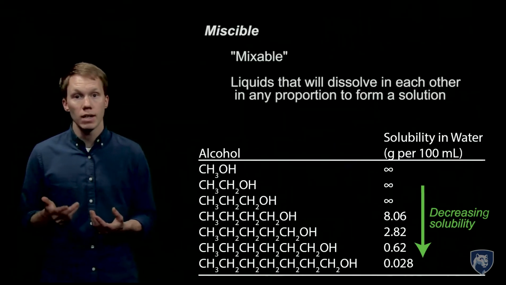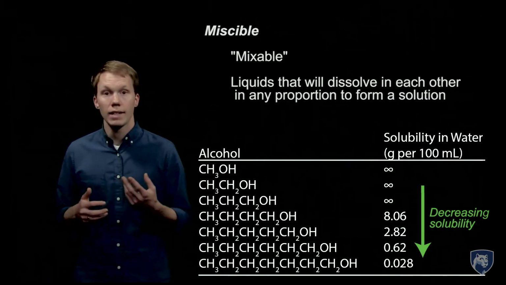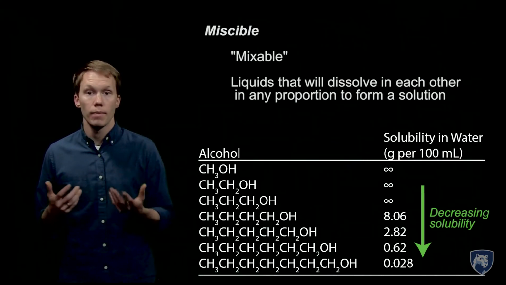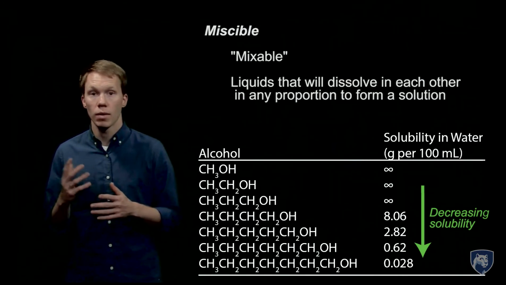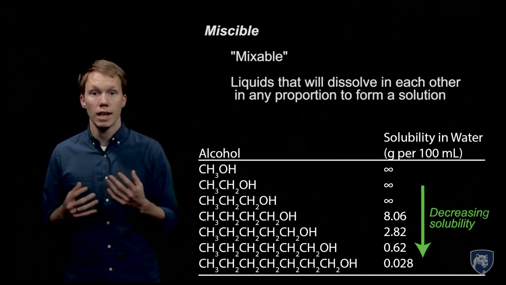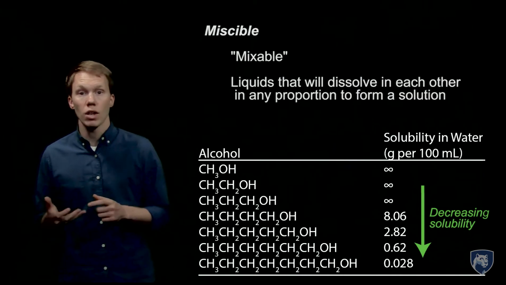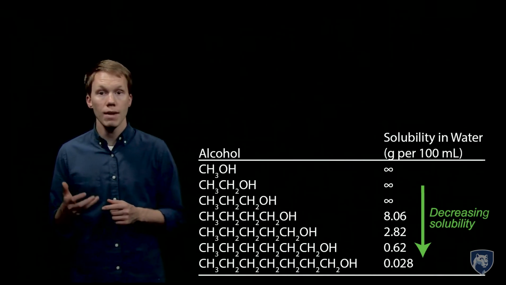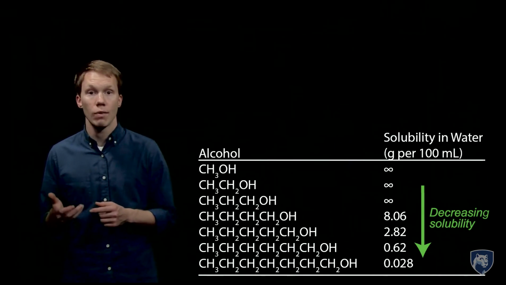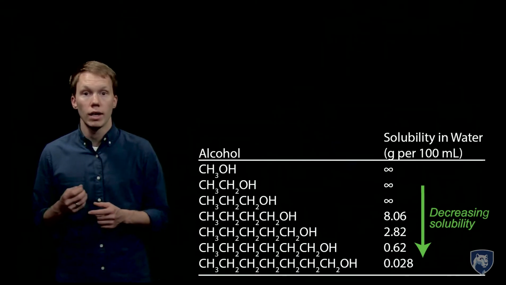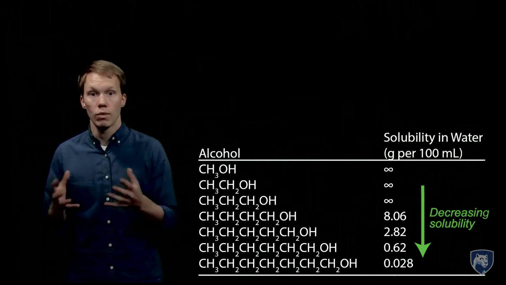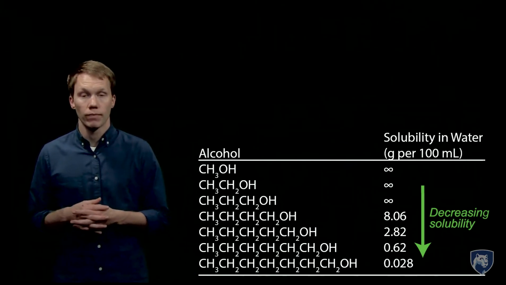And miscibility means that a solution is mixable. So if it's completely miscible, it can be mixed in all proportions. But there may be a solubility limit. So there may only be a certain amount that we can mix with water in order for it to be one solution.